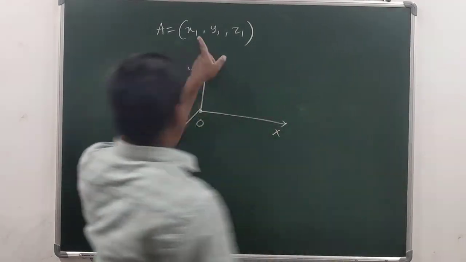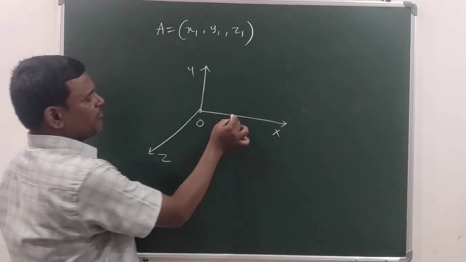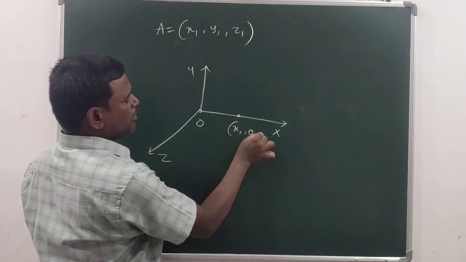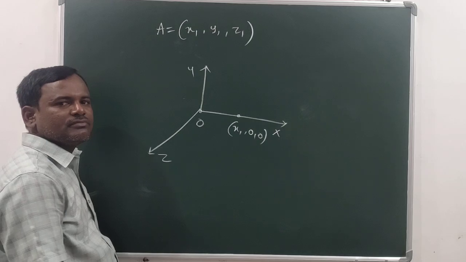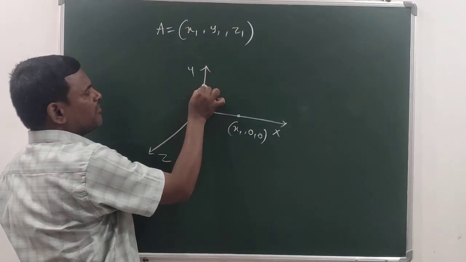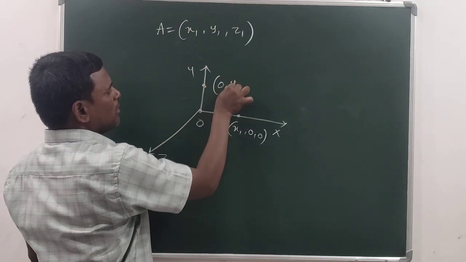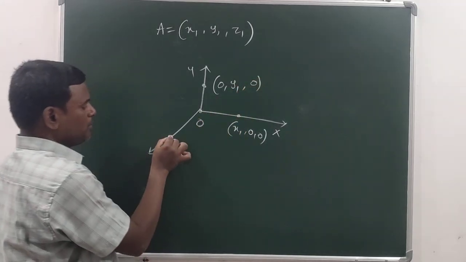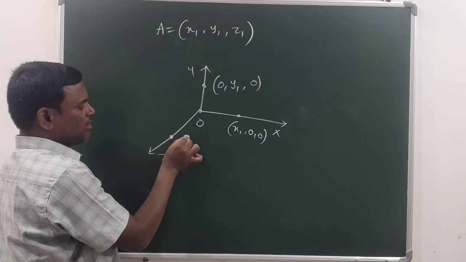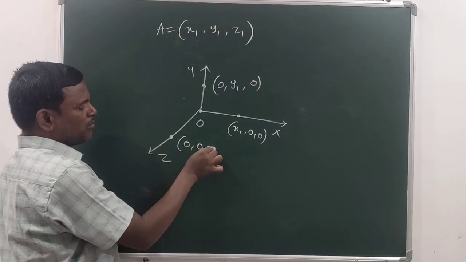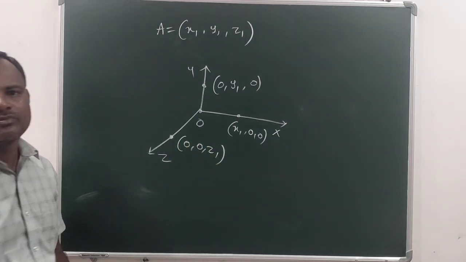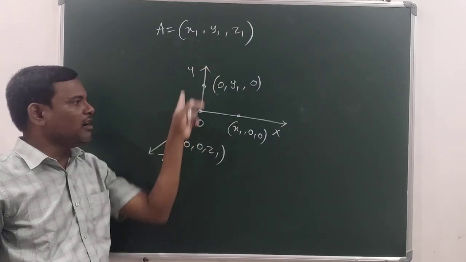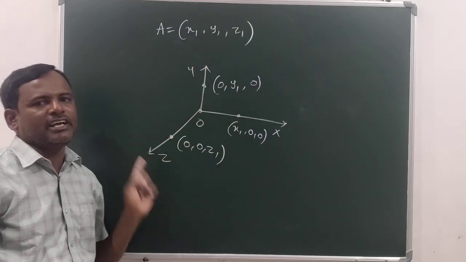The projection on the y-axis is (0, y1, 0). The projection on the z-axis is (0, 0, z1). What are these, students? The projections of this point on the x-axis, y-axis, z-axis.